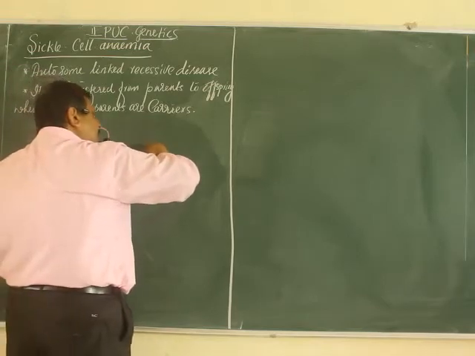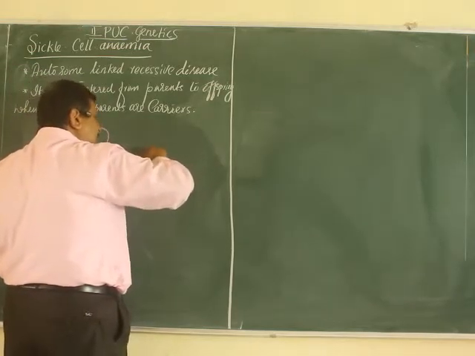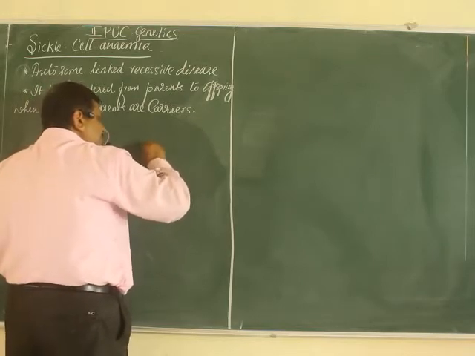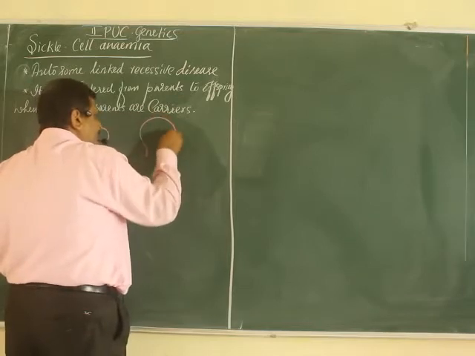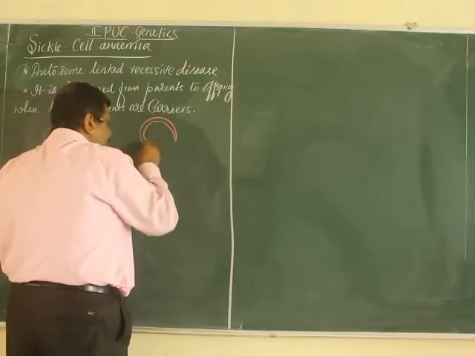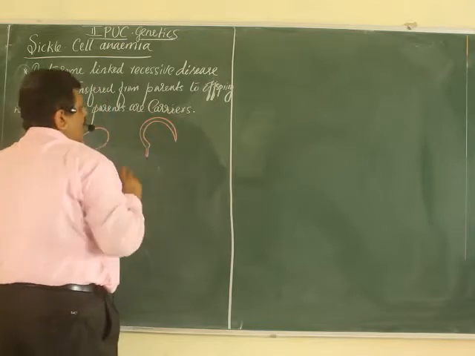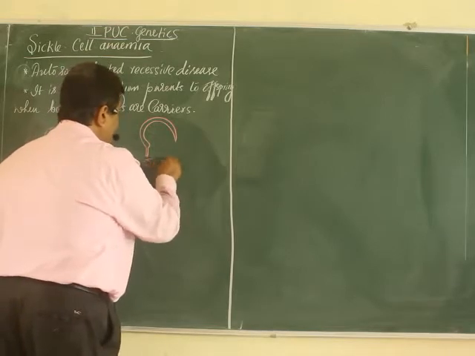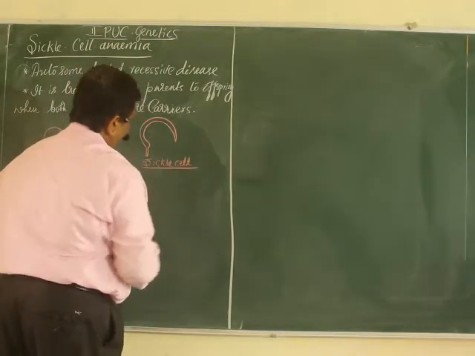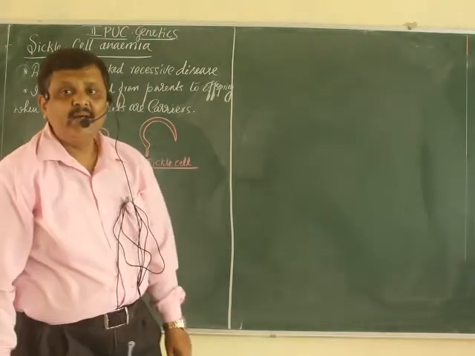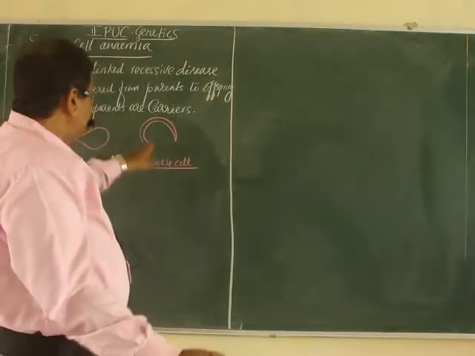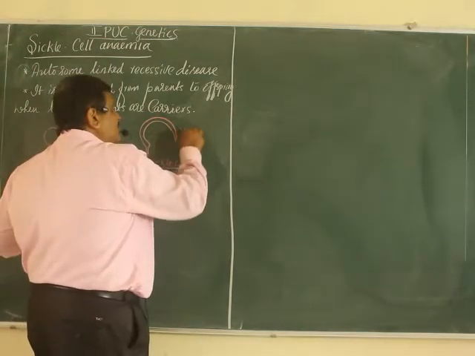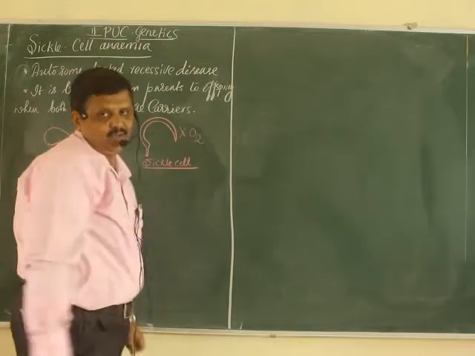When the person becomes a sickle cell anemia patient, the RBC will turn to this shape, sickle cell shape. When it takes this shape, it is not able to carry oxygen.